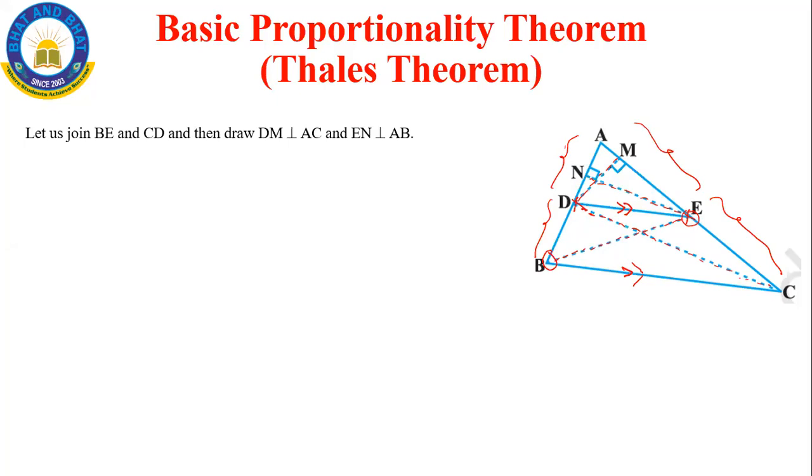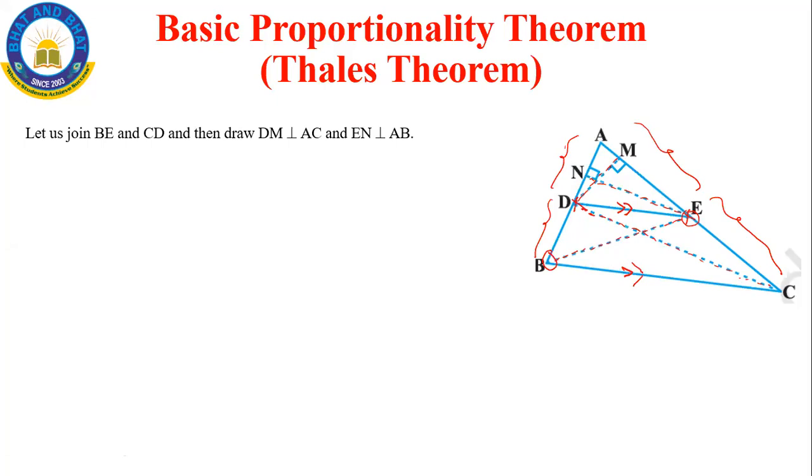Is this clear to everyone? Any doubts? So, in order to prove, what should be my first step? I have to take a simple triangle ABC. Then I have to draw DE parallel to BC.